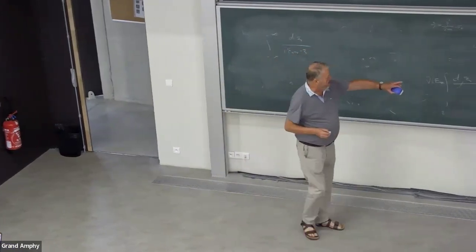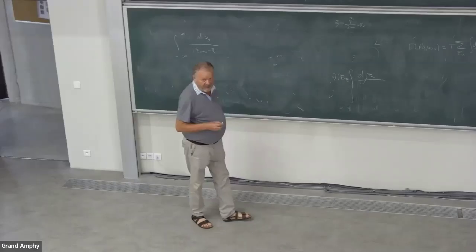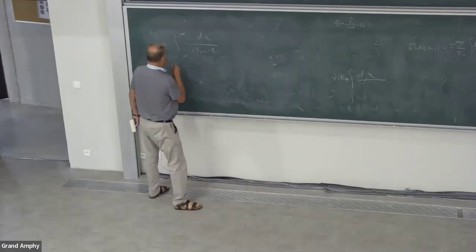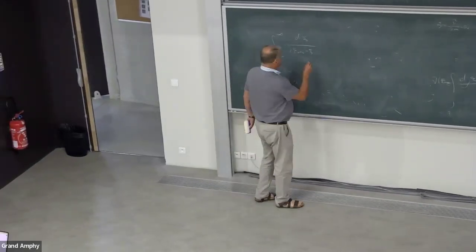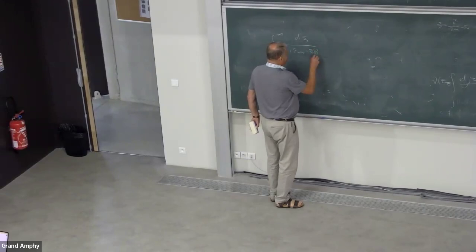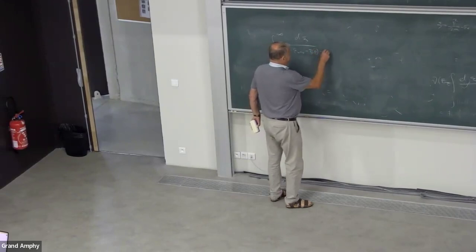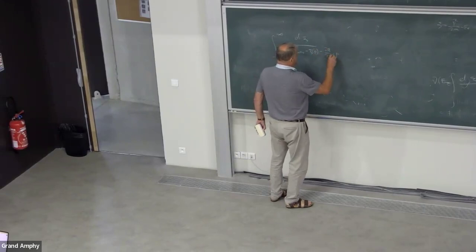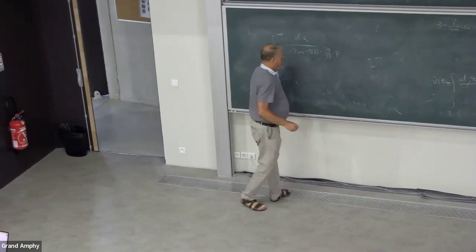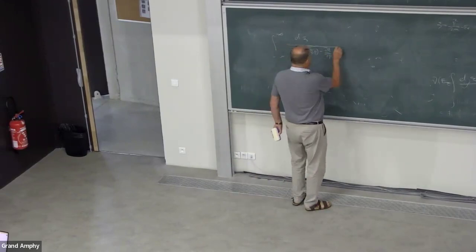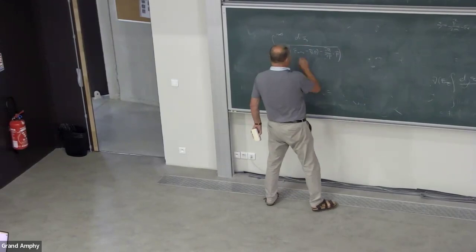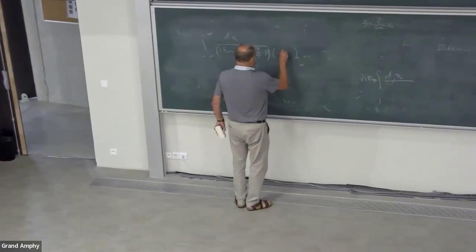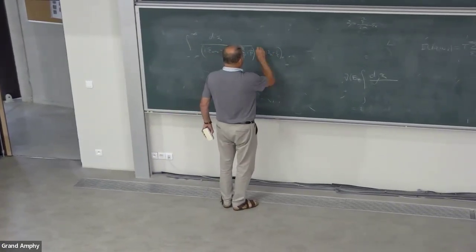Now I will immediately expand psi. So I will say that q is small. So I will say that psi of p plus q is psi of p plus dpsi over dp times q.